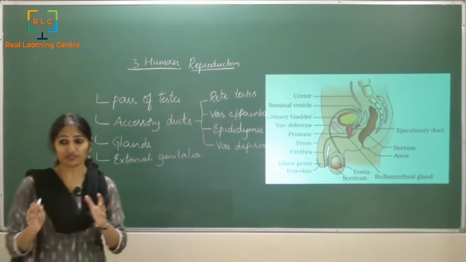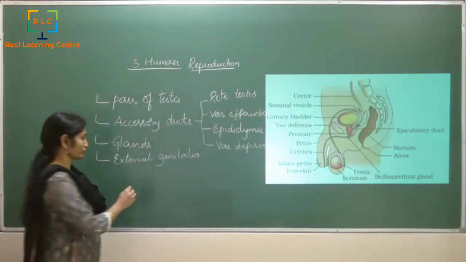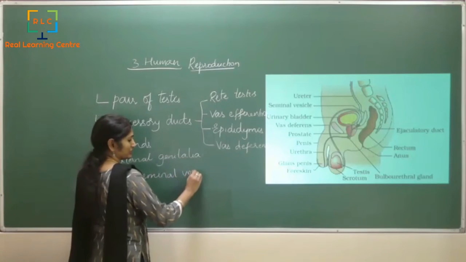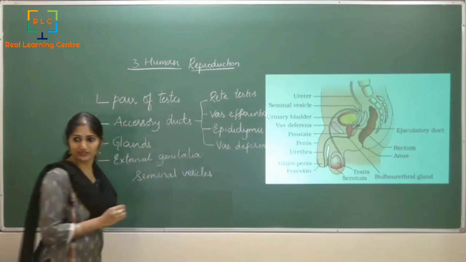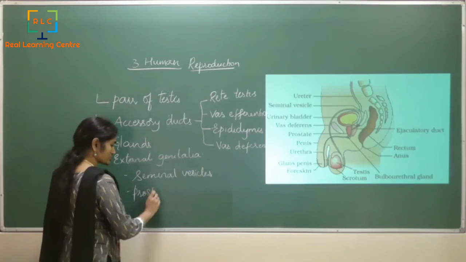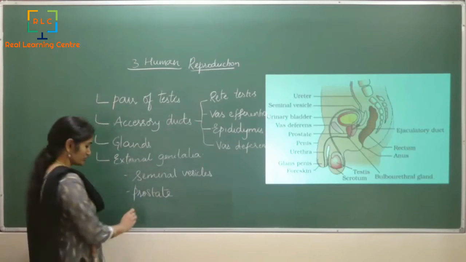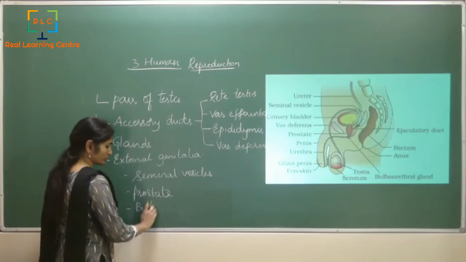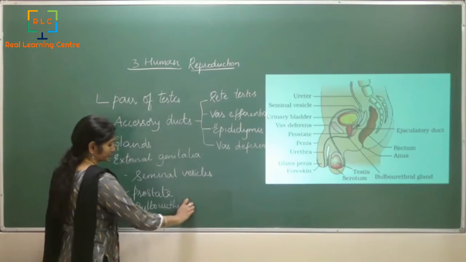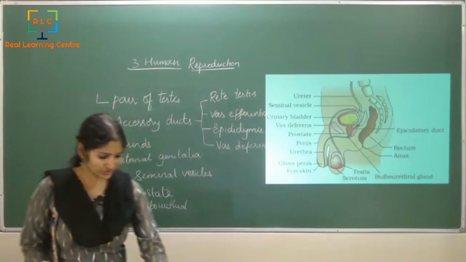Okay, we have the glands like the seminal vesicles, and then we have another gland which is called the prostate gland, and then there is also one more which is called the bulbourethral gland. So these are the three different glands that you see.